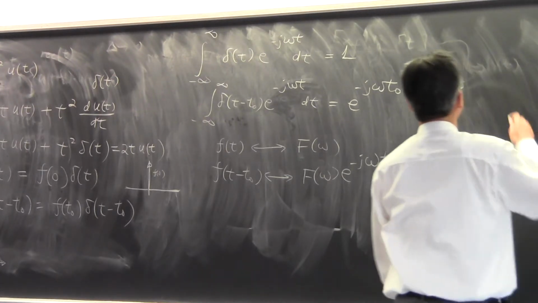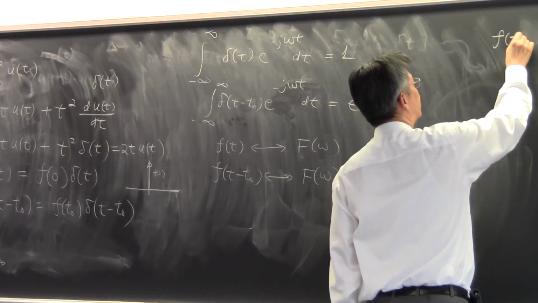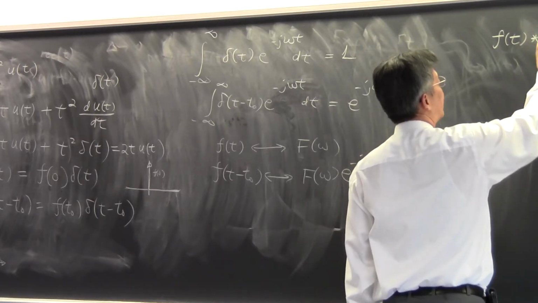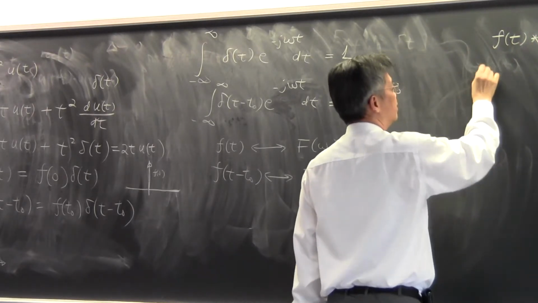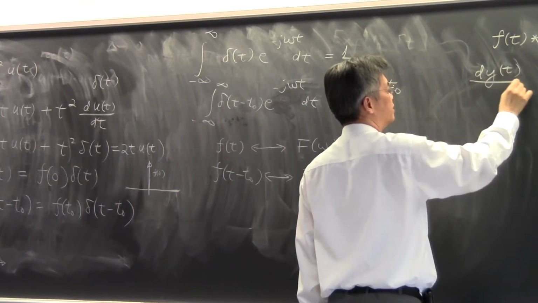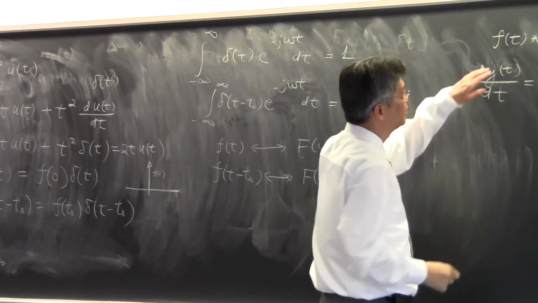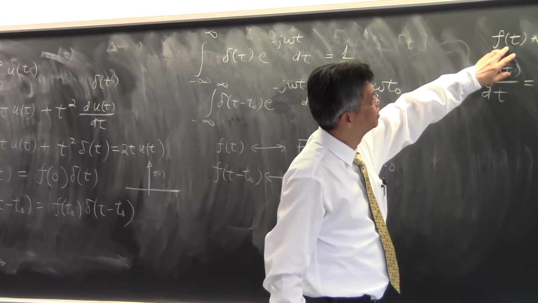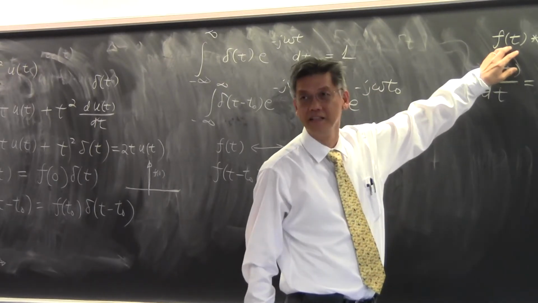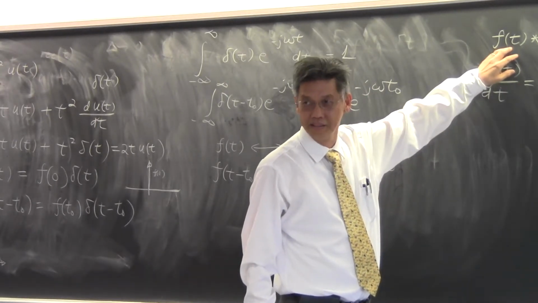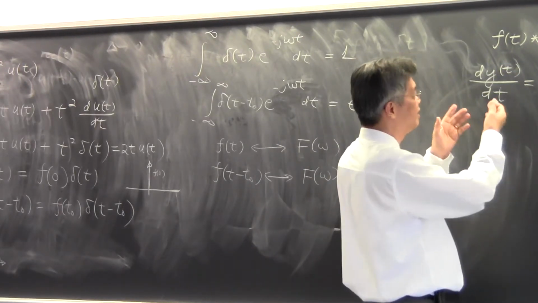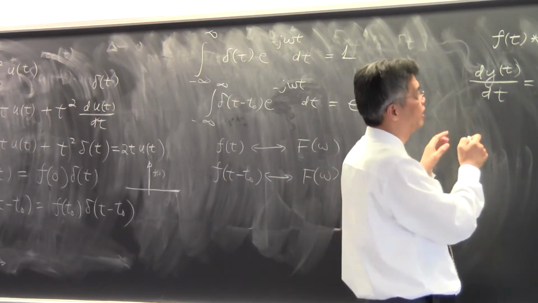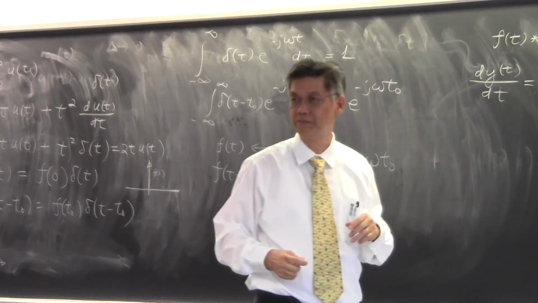We know that f of t convolved with h of t is y of t. Then from the convolution property, again this is very misleading as a notation. But if you were to find the derivative of y of t, what did the convolution property tell you?